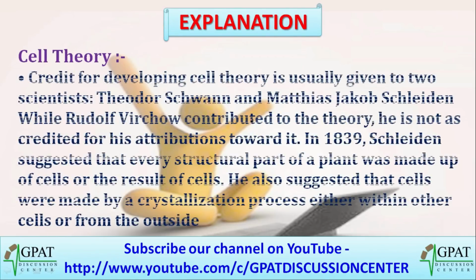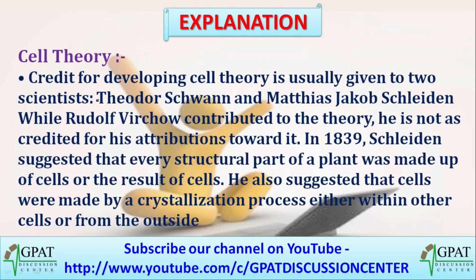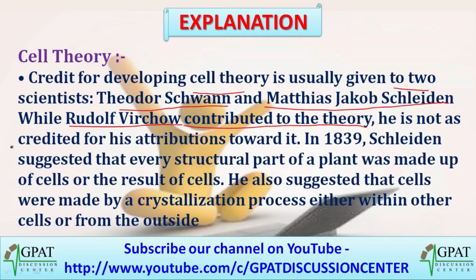Here, cell theory. Credit for developing cell theory is usually given to two scientists. One is Theodor Schwann, and the other is Matthias Jacob Schleiden. A third scientist, Rudolf Virchow, also contributed to the cell theory, but he does not get the credit for it.